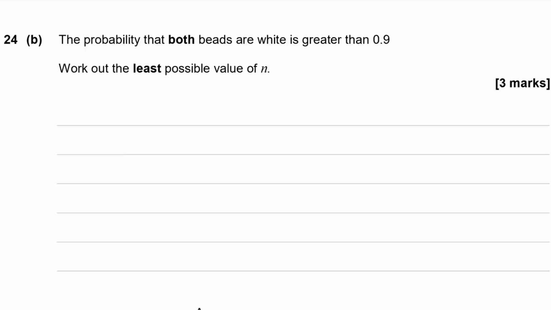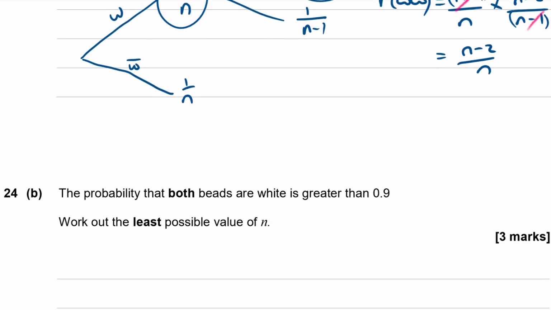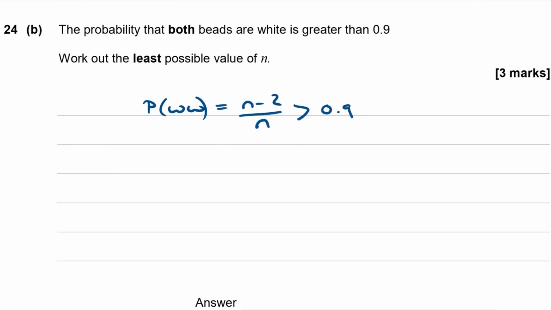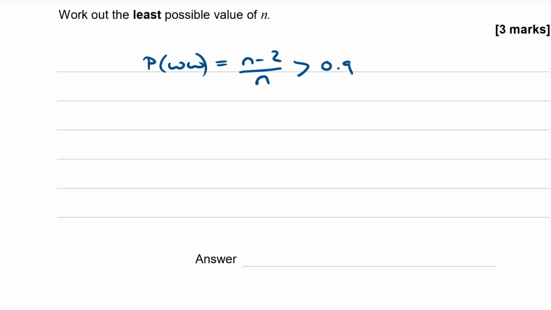So we just worked out that the probability of white was n minus 2 over n, and we're now told that that is greater than 0.9. So what we want to do is rearrange this and make n the subject.